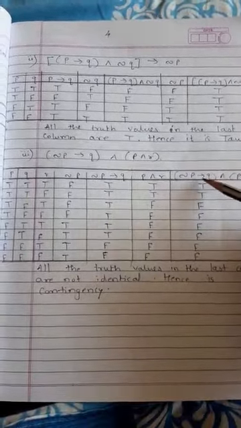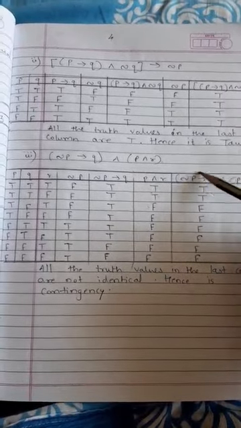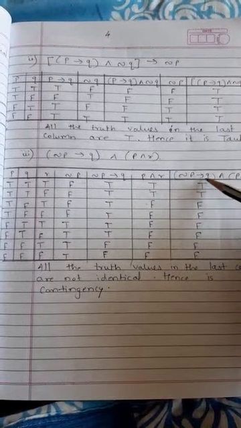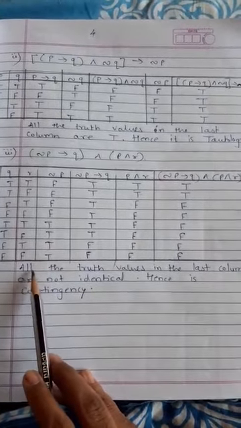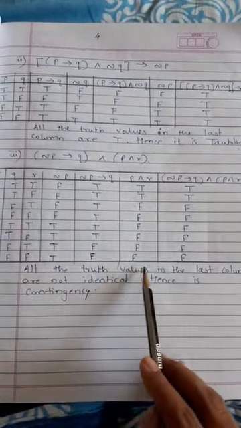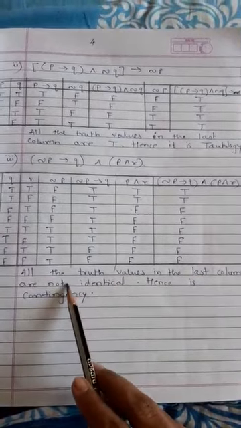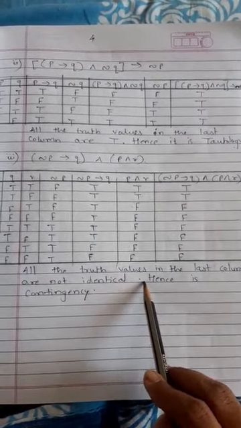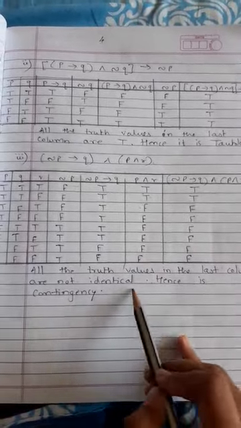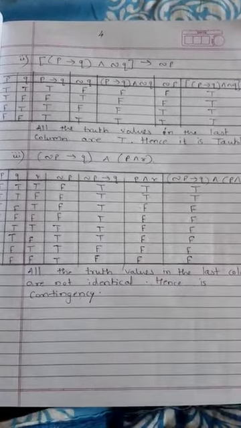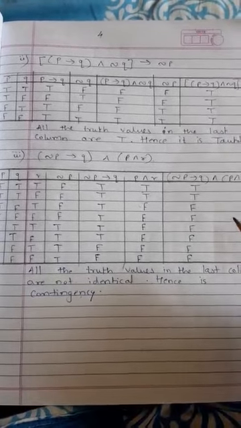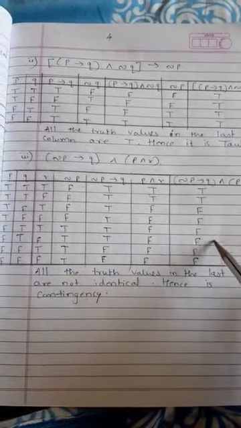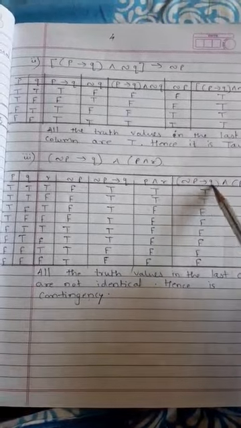So we can observe here that both truth values are included, T and F. So what is our conclusion? All the truth values in the last column are not identical. Not identical means not the same. So hence it is a contingency. Contingency means both should be included. So this statement pattern is a contingency.